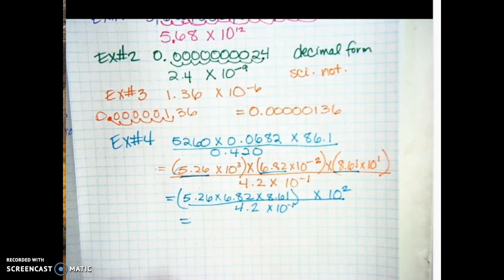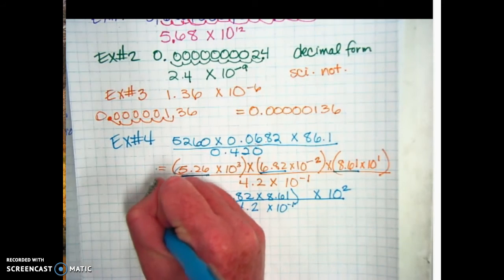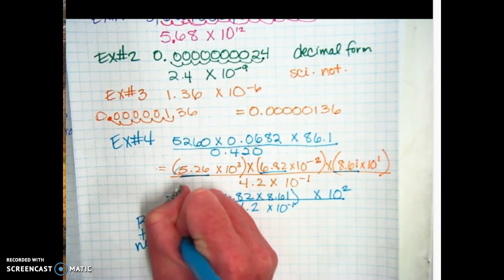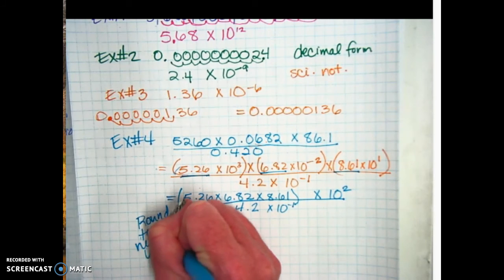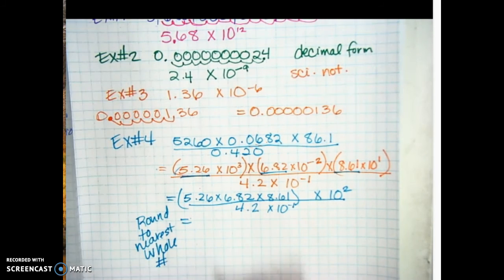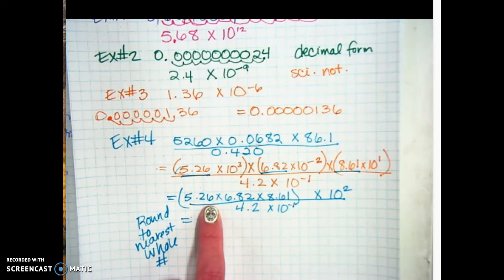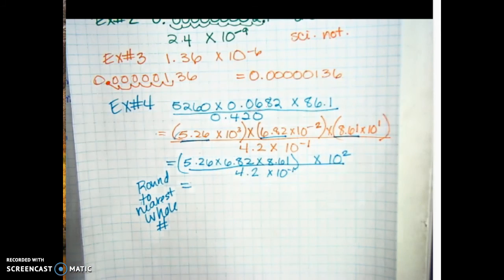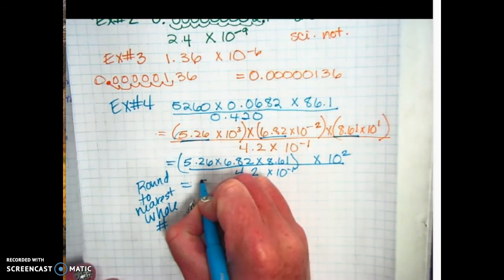Then the book says to round all of those numbers to the nearest whole number. So this 5.26, the nearest whole number is going to be either the number right below it or the number right above it. So the number right below it's 5, and the number right above it's 6. So is it closer to 5 or 6? 5.